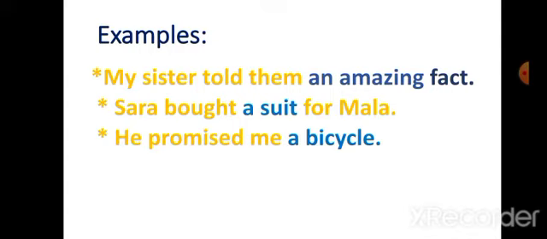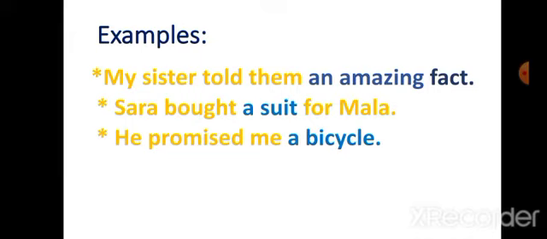Children, in these sentences, the verbs told, bought, and promised are ditransitive verbs, followed by two objects each. The objects an amazing fact, a suit, and a bicycle directly receive the actions expressed by the verbs or are most affected by them.